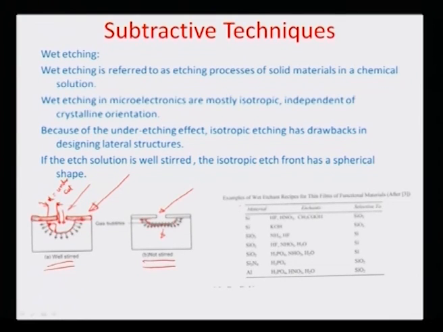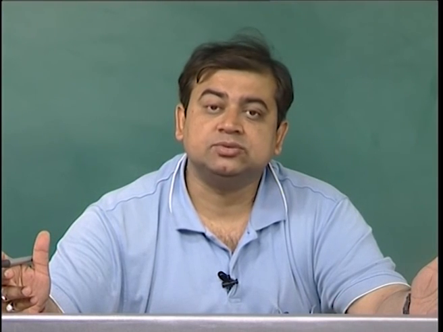Let us look at some of these materials and the etchants which are used for them and what they are selective to. Etch selectivity is a term used in reference to the fact that there are certain materials which may not be etched away by the etchant solution, and in that case this material, which is not affected by the etchant solution, can be used as a protective layer to stop the etching process very accurately.